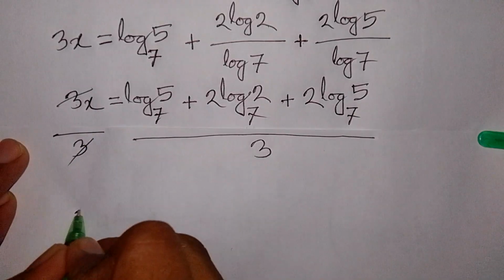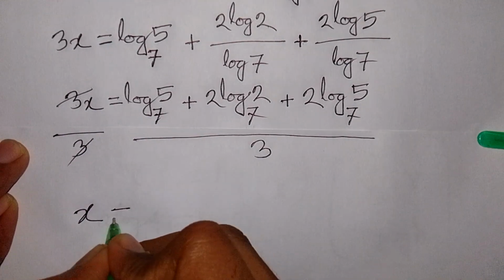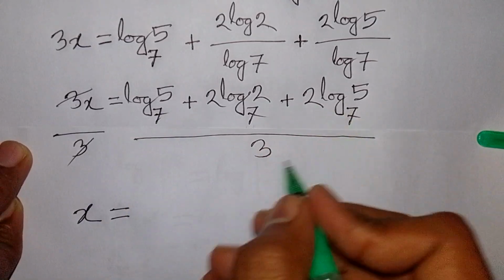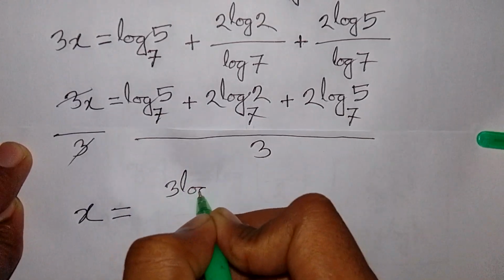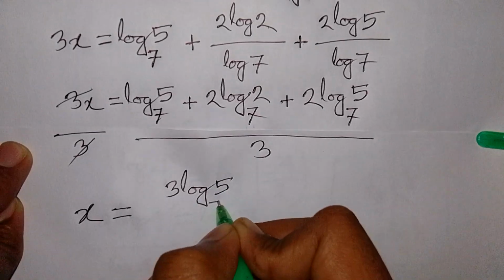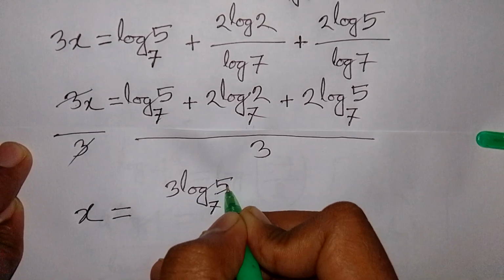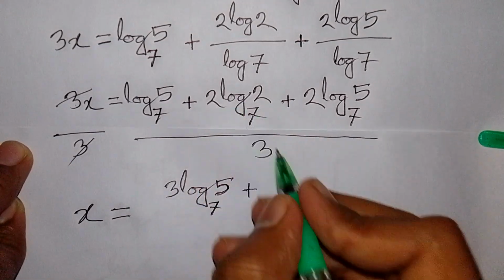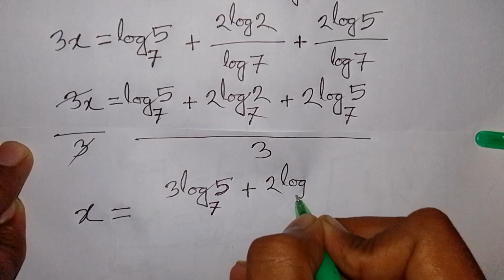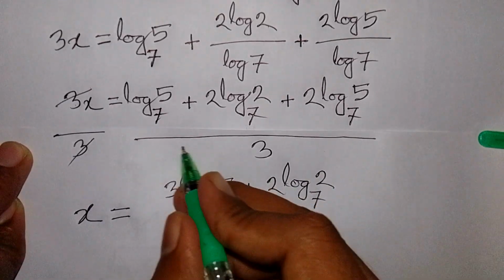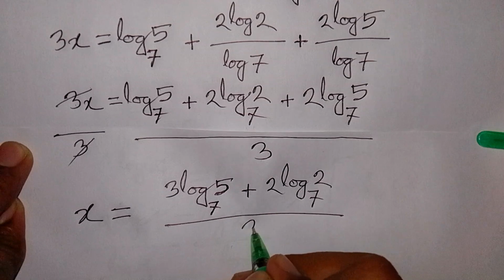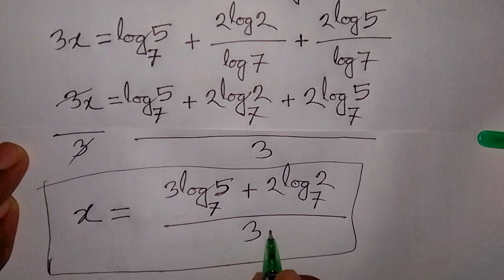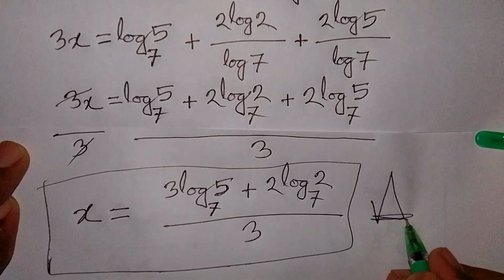So here x will be equal to log 5 base 7 plus 2 log 5 base 7, which is the same as 3 log 5 base 7, then plus 2 log 2 base 7, all over 3. So this is the value of x. So this is our final answer.